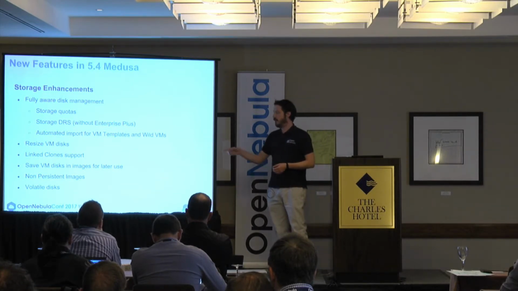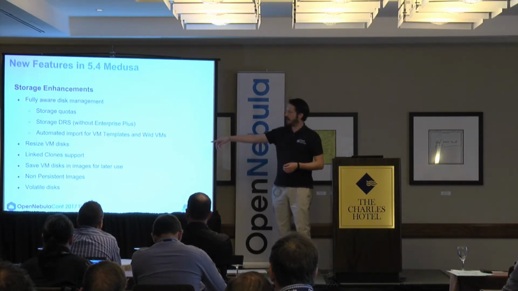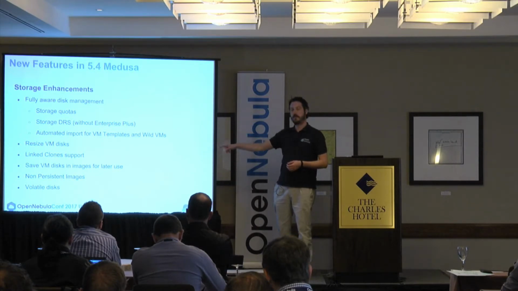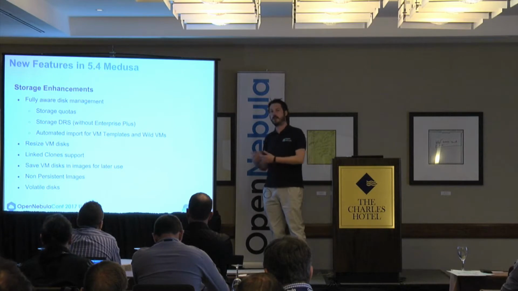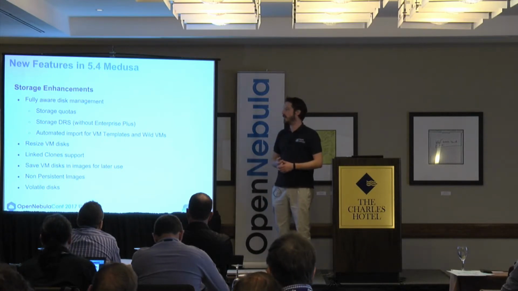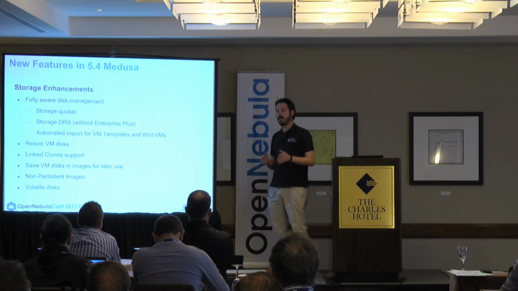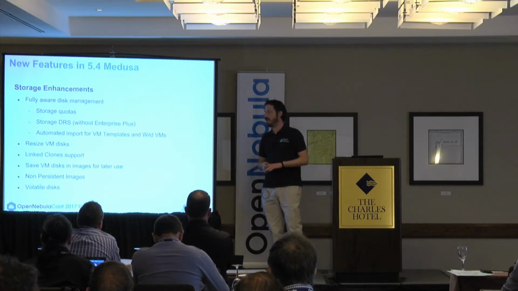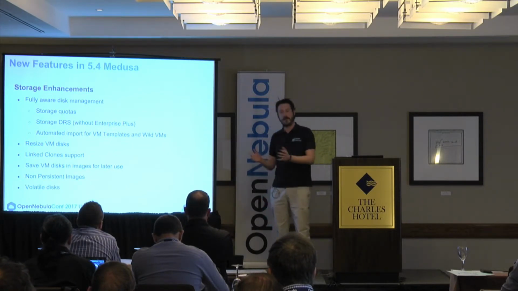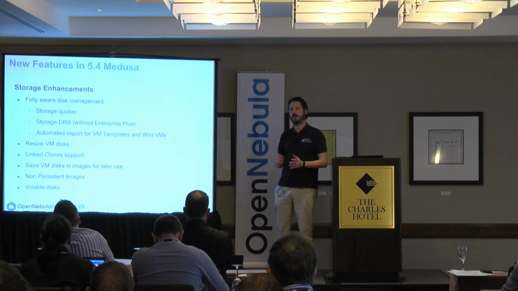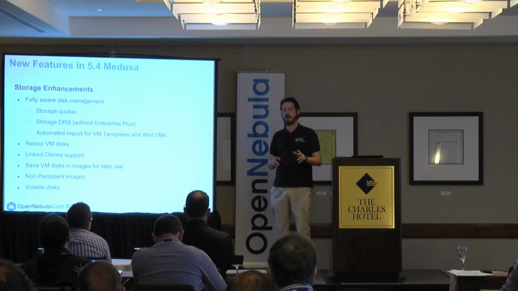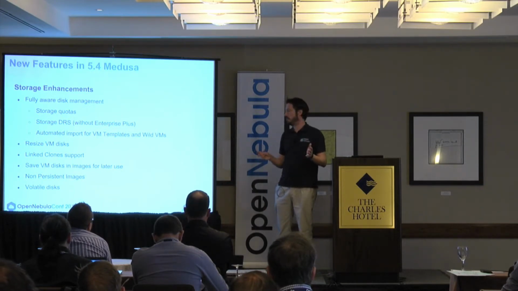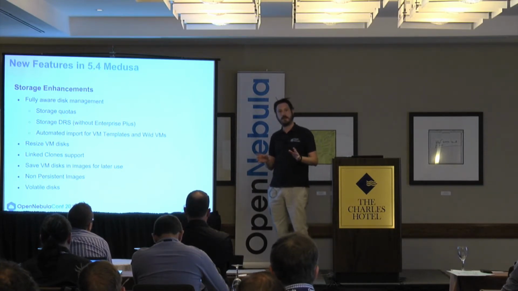Okay, probably most important of anything, you'll be able to use non-persistent images. These are images that OpenNebula will automatically copy for you. So you will be able to create virtual machines from scratch. You don't need to have VM templates in vCenter predefined, but you can have an empty VM template, with probably just a CPU and the memory.